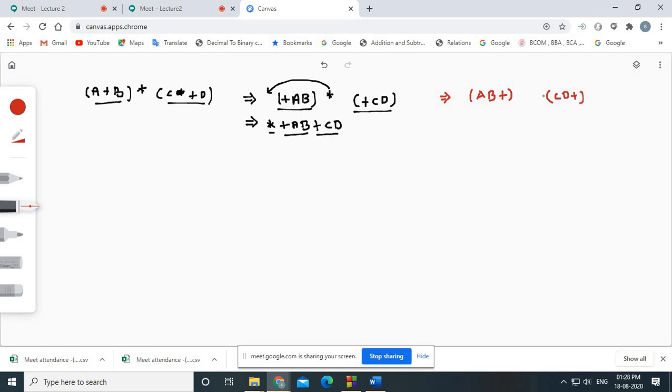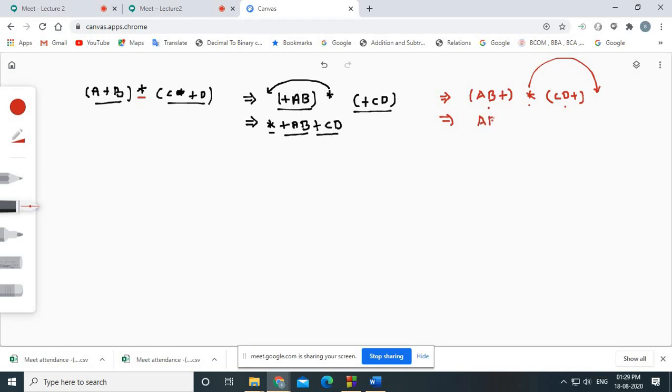Between these two we have a multiplication sign. Now this is again a kind of infix expression: the first operand is there, the second operand is there, and the operator is in between. We are converting infix into postfix, and we know that in postfix the operator comes last. So what will be my final expression?